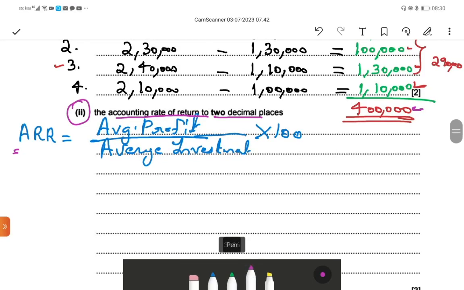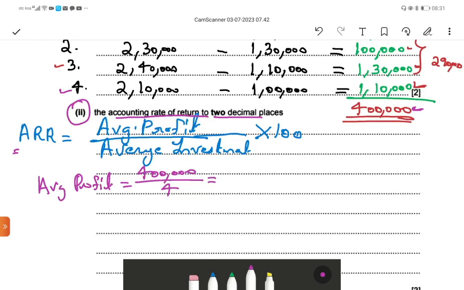Average profit is equal to 400,000 divided by the number of years, 4, which is 100,000. But average profit is the total net cash flow minus 300,000.